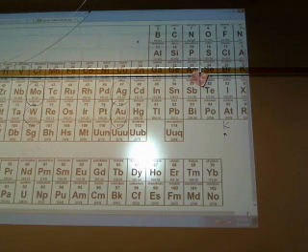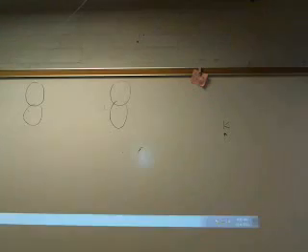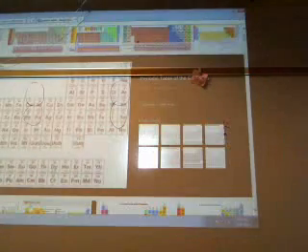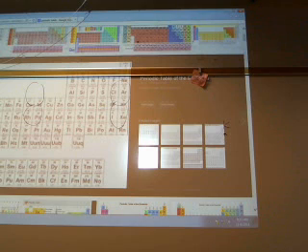All right, this is one style of periodic table to make your life more difficult. We're going to look at another style of periodic table.